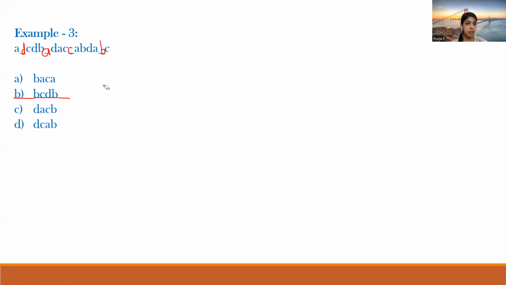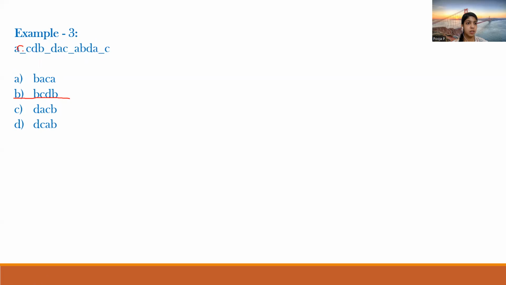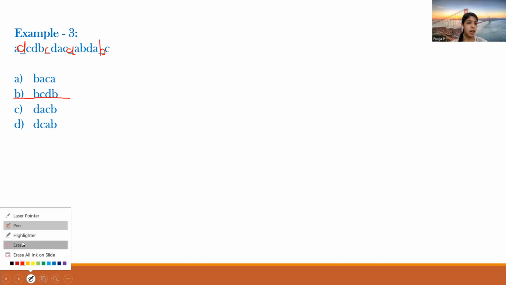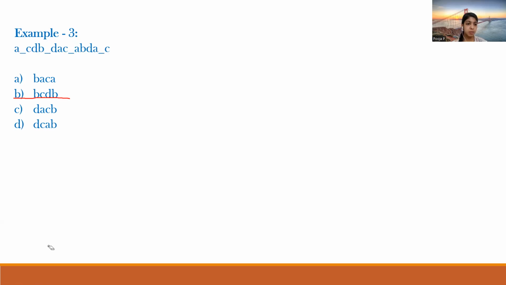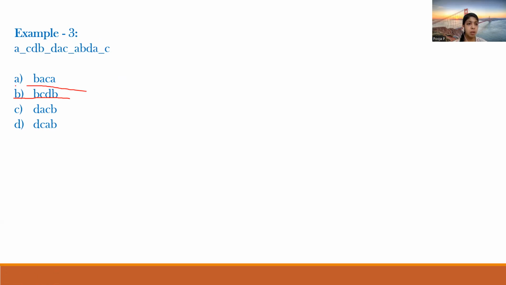And the last option, D, C, A, B. Okay, we are given D, C, A, and B. So you have A, D, C, B, B, C, D, A, C, A, B, D, A, B, C. No, this option also doesn't work. So our answer is option B. So this option B, B, C, D, B is the correct answer.